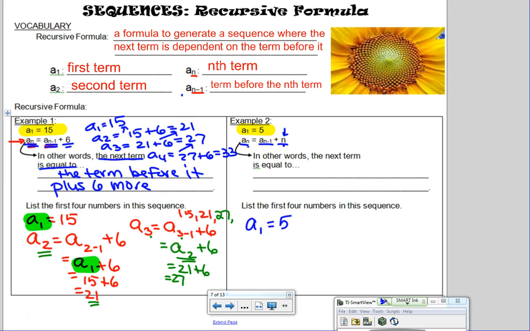So we'll write it in words. So the next term is equal to the term before it plus the term number it is at.